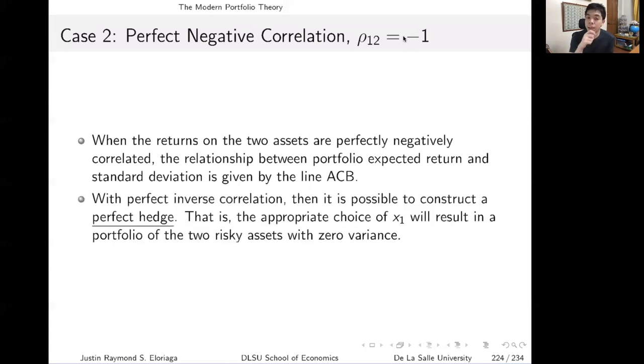Now, with a perfect inverse correlation, it is possible for us to construct what we refer to as a perfect hedge. It just means that the appropriate choice of the portfolio weight of asset one will result in a portfolio of the two risky assets with zero variance, a very rare case, right?